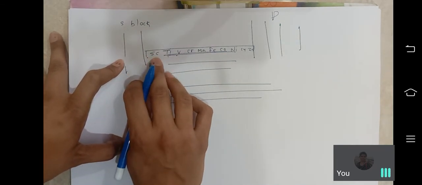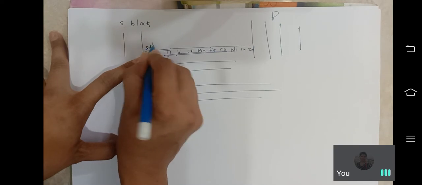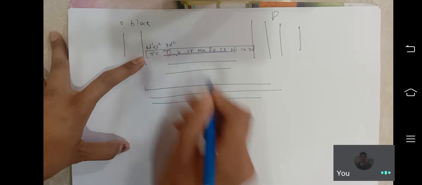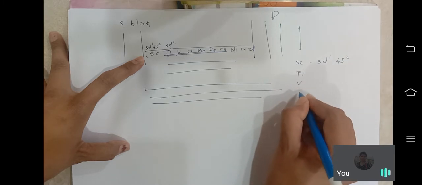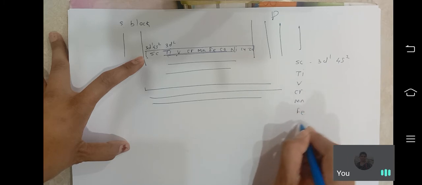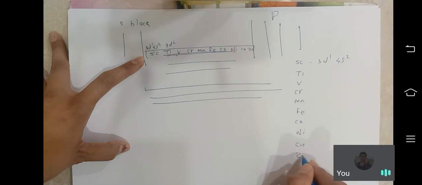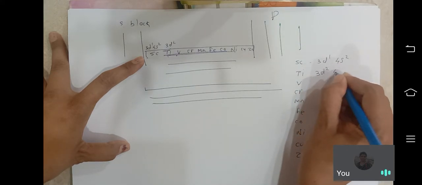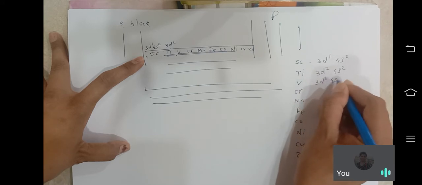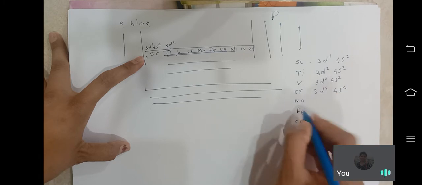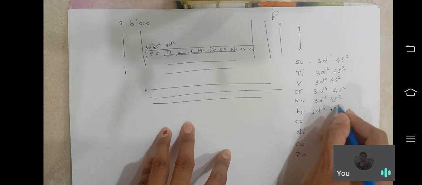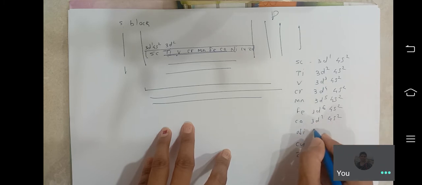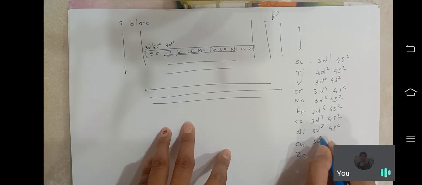What is the electronic configuration here? 3d1 4s2 for scandium, then titanium, vanadium, chromium, manganese, iron, cobalt, nickel, copper, and zinc. 3d1 4s2, 3d2 4s2, 3d3 4s2, 3d4 4s2, Mn, that means manganese, 3d5 4s2, 3d6 4s2, 3d7 4s2, 3d8 4s2, 3d9 4s2, 3d10 4s2.